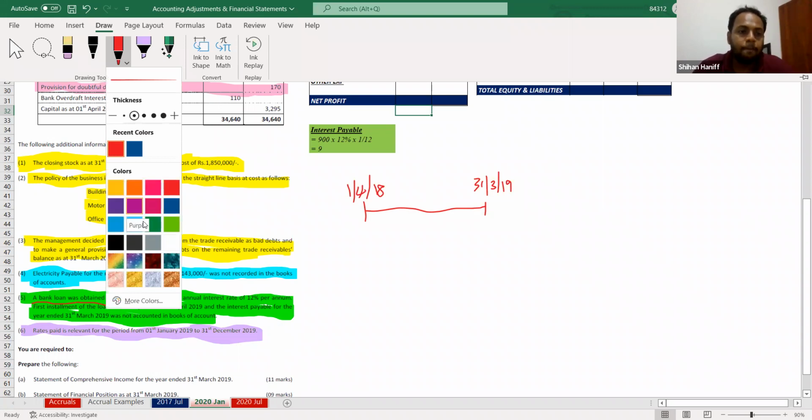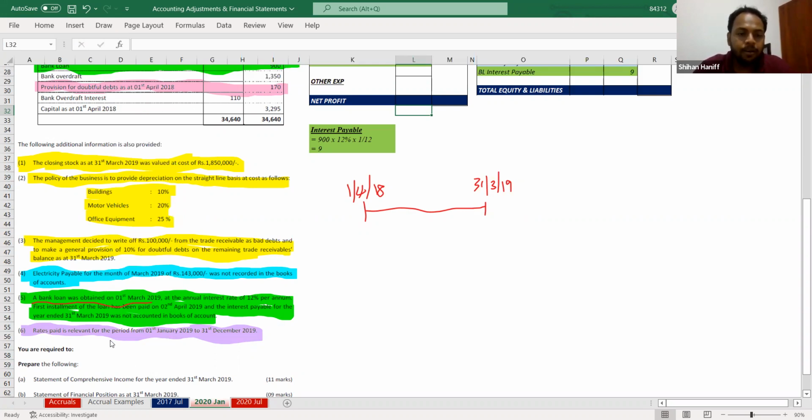Then the rates paid are from 1st of January 2019 to 31st December 2019.